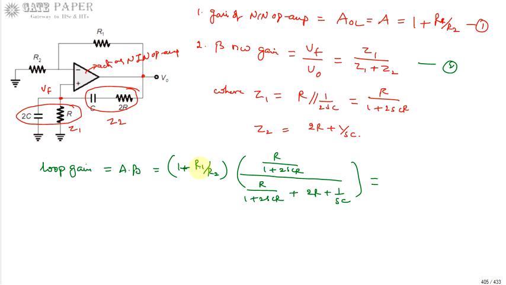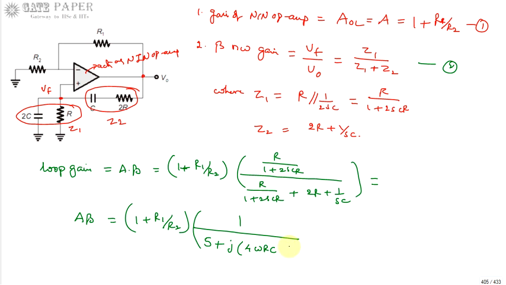After simplification of this equation, you are going to get A beta is equal to 1 plus R1 by R2 into the final value, which is going to be 1 divided by 5 plus j times 4 omega RC minus 1 by omega RC. This is what you will get.